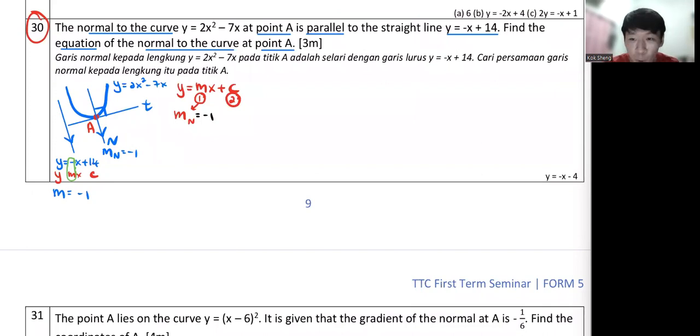Okay, how to find the point A, it's a long step. We have to go through the mt again. mt equals dy dx.